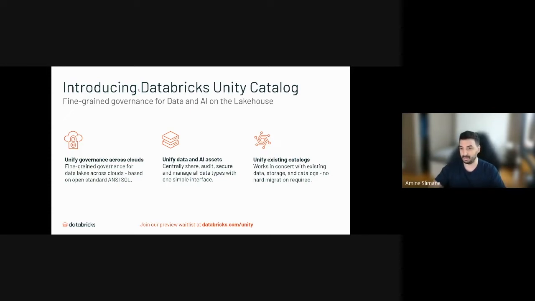And finally, because a lot of customers are already leveraging existing catalogs, we really wanted to make sure that this Unity Catalog is open with all the APIs available, so you can connect with existing ones and work in concert with them. And you do not have to do a hard migration if you're already leveraging a catalog to use it with Unity.